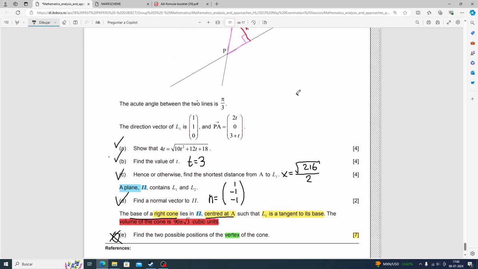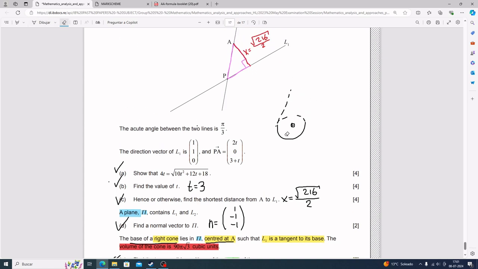Let's remember that a cone looks a little bit like this. Boom. There is your right cone. Actually, let me make a better drawing. The right cone looks something like that. And if I'm drawing just the base of the right cone, it's just going to be a circle.